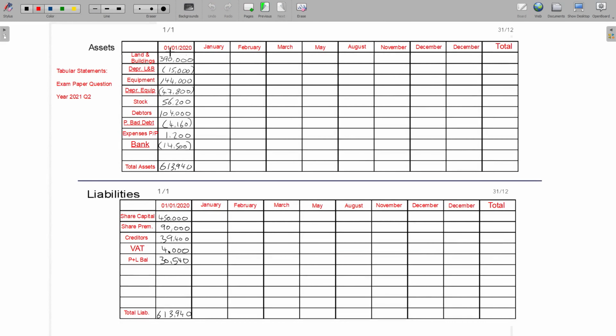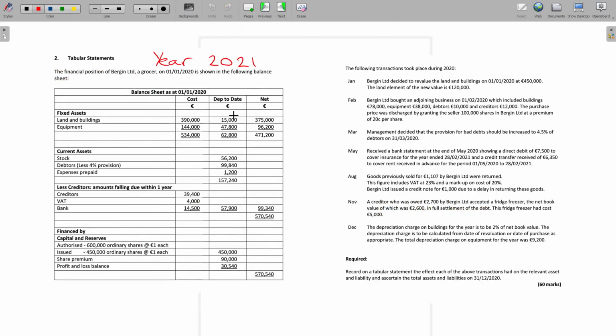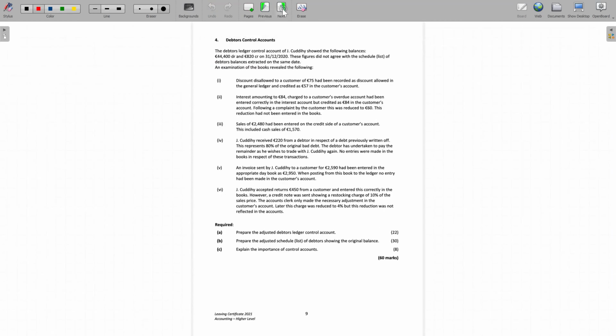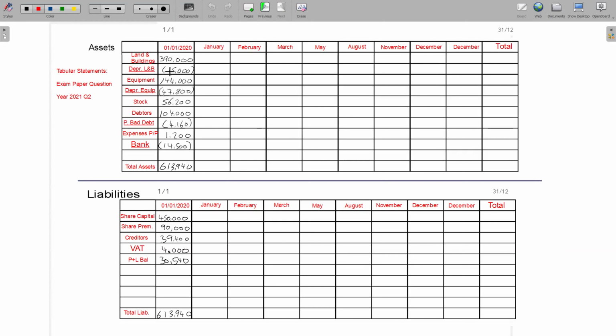So you can see here now, this is the 1st of the 1st, 2020, which is the year we're doing. We have our land and buildings of 390,000, and we've incorporated the depreciation for both, so 15,000 here, 47,800 for the equipment.